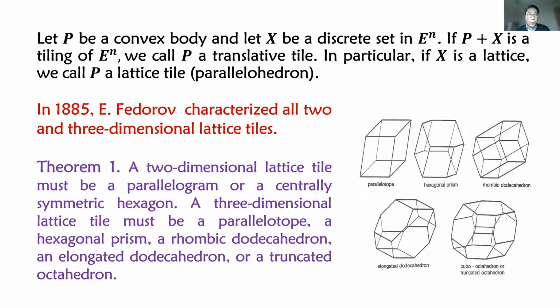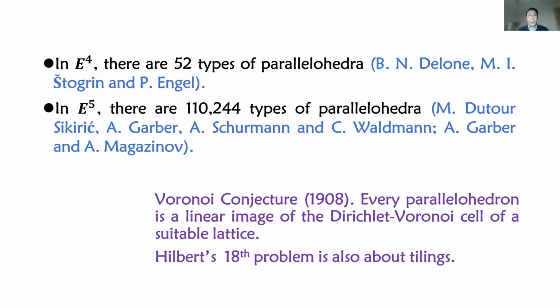In three dimensions, a lattice tile must be a parallelotope, a hexagonal prism, a rhombic dodecahedron, an elongated dodecahedron, or a truncated octahedron. These are the five shapes on the right-hand side. So this is a complete classification of lattice tiles in two and three dimensions.